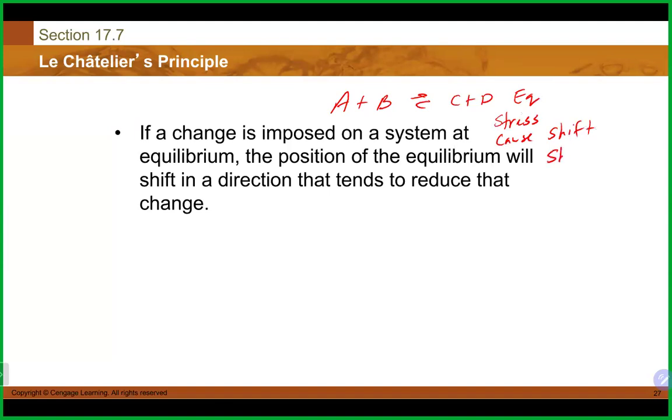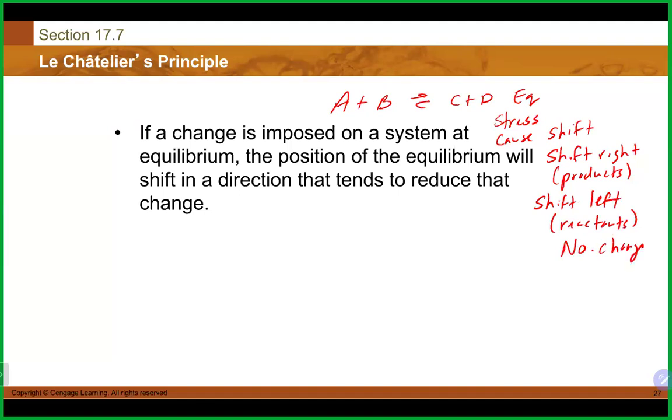You can shift to the right, which means you would need to make more products. It may cause it to shift to the left, which means you need to make more reactants. And in some cases, as we saw in some of those examples, you could do something that causes no change to occur. So when we talk about stresses, we focused a lot in the lab on concentration, which you can either add or remove.